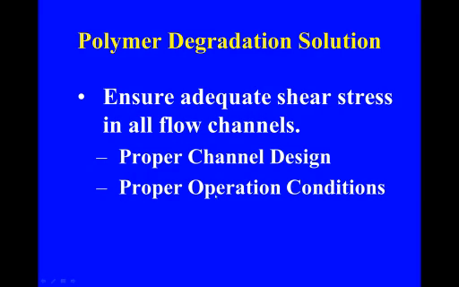The best designed channel, highly polished and designed for 200 pounds per hour, will not be adequate if you're only running it at 100 pounds an hour. People say, yeah, design it for 200 pounds an hour because I'm going to get a larger extruder later, but for now I can only run 100 pounds an hour. Well, that doesn't do you any good for now because you're going to have stagnation problems and degradation.